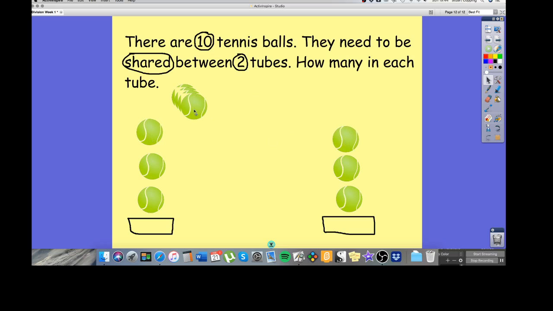And we're going to keep doing this till I've run out of tennis balls. 1 and 1, 1 and 1. Oh, look at that. I've got no tennis balls left. 1, 2, 3, 4, 5 over here. 1, 2, 3, 4, 5 over here. So the answer is how many in each tube? The answer is 5.